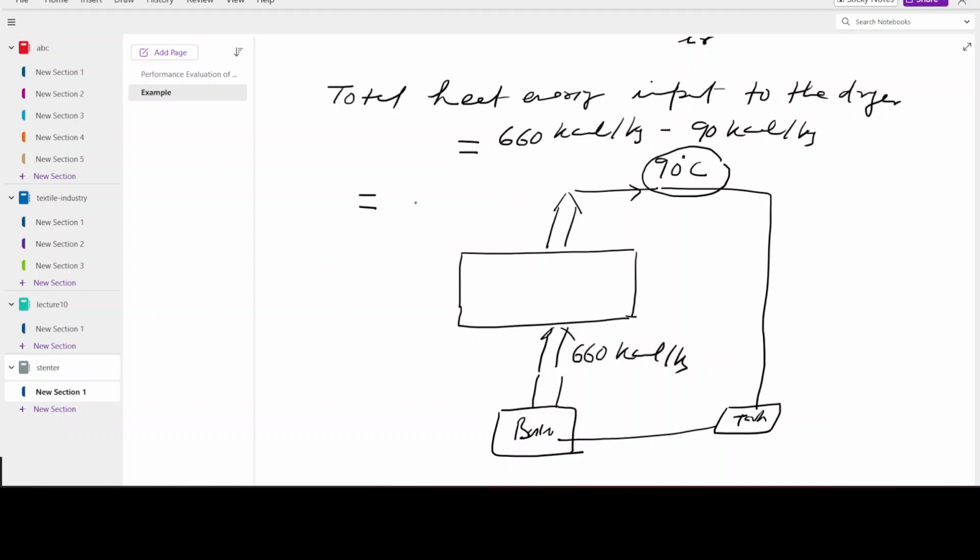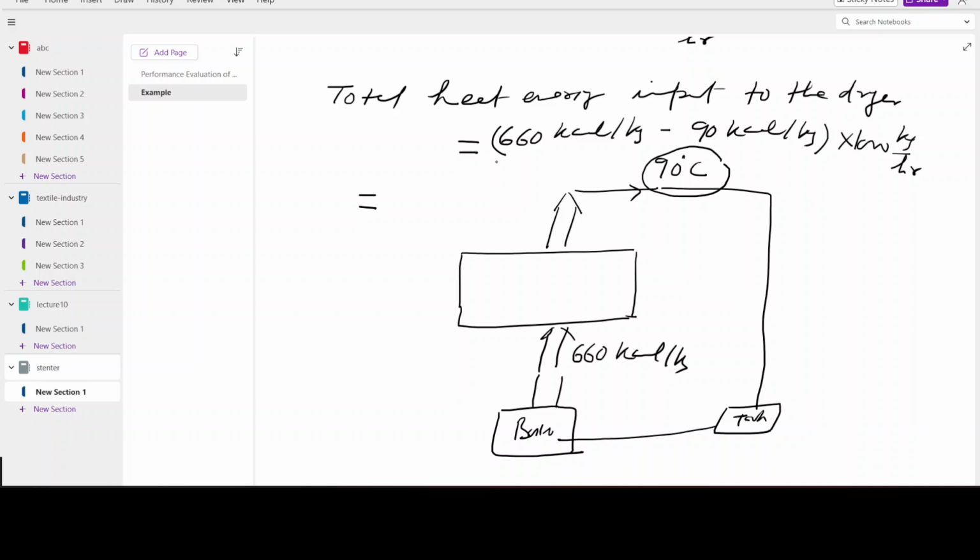It is also given in the question that the flow rate of steam is 1000 kg per hour.